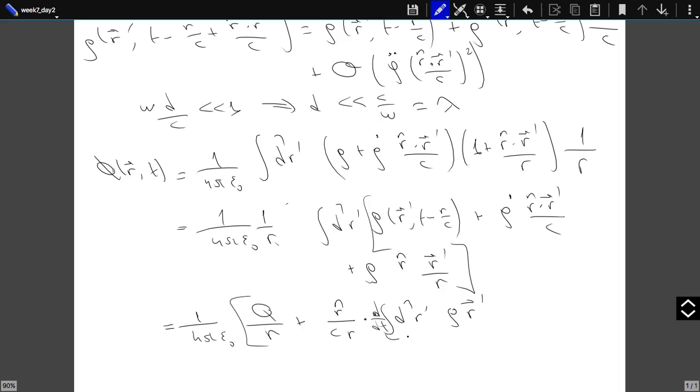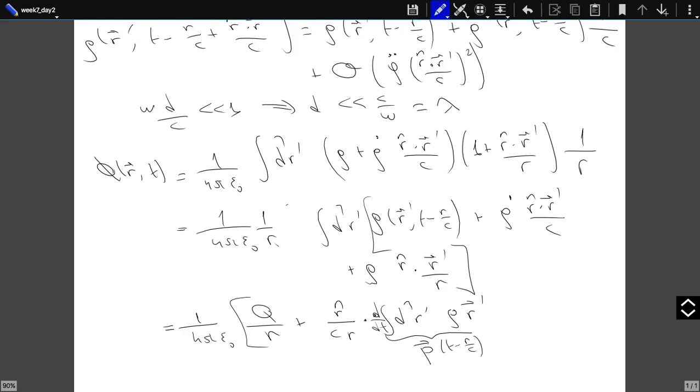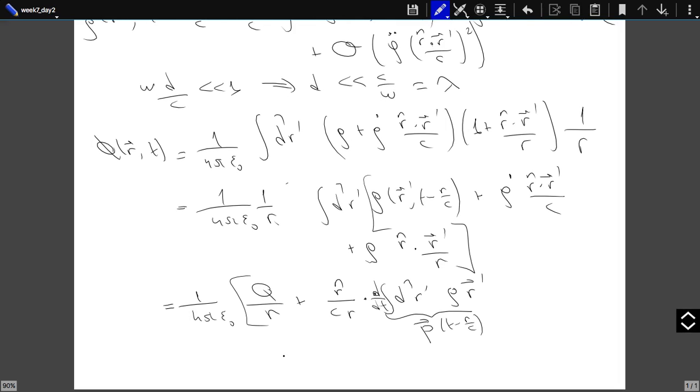So this is nothing but p at the time t minus r over c, at an earlier time. And now we have this last term, plus 1 over r squared r hat dot, I will just write p.